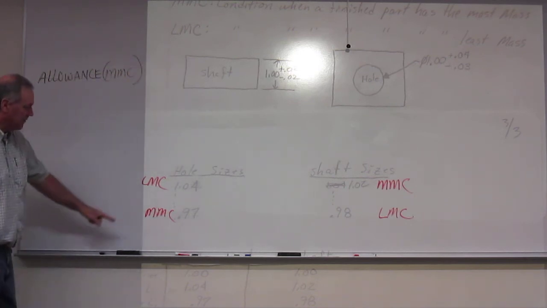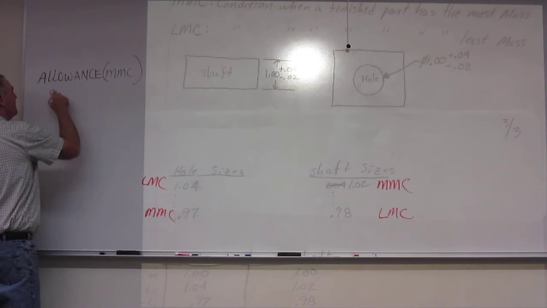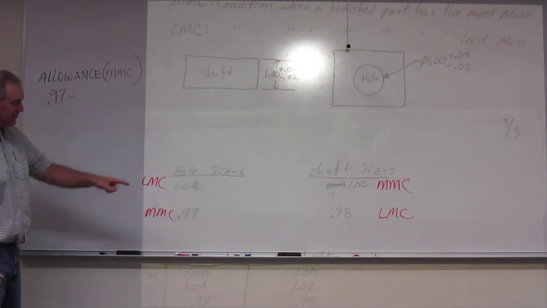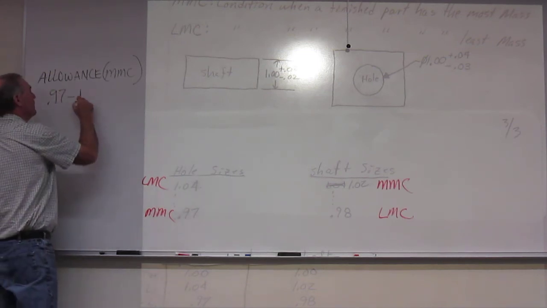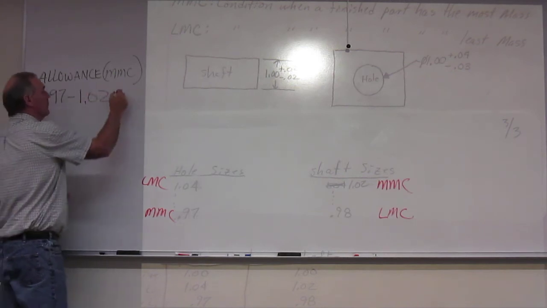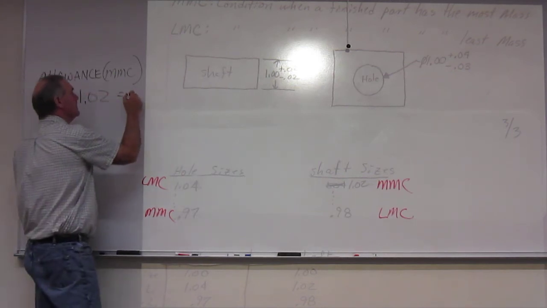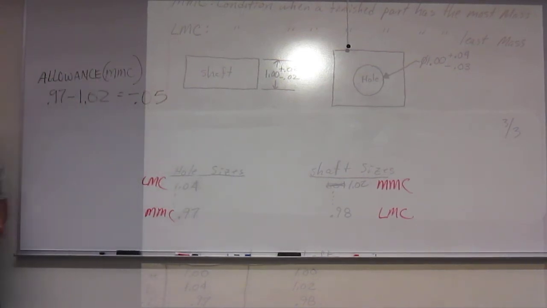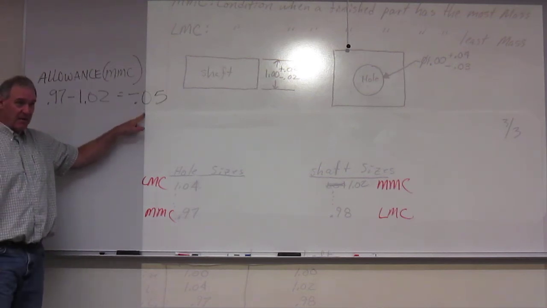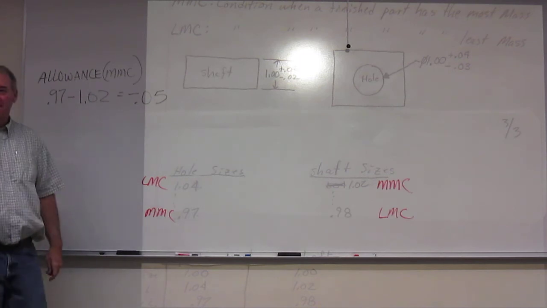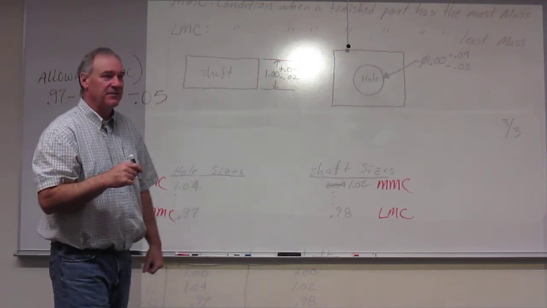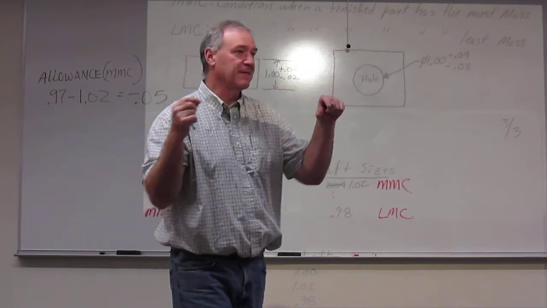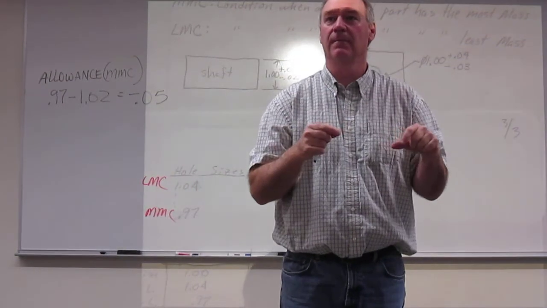So I take my hole, 0.97, and subtract my shaft, 1.02. What is that equal to? A negative 0.05. Did I do my math correct? Yeah. Since it's a negative number, if they are built at maximum material condition, they're going to have 5/100ths of interference when I put them together.